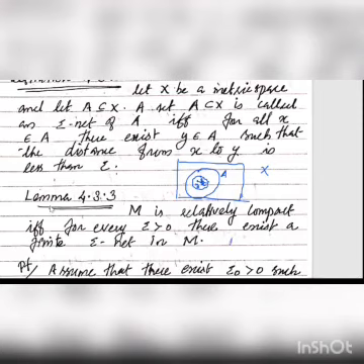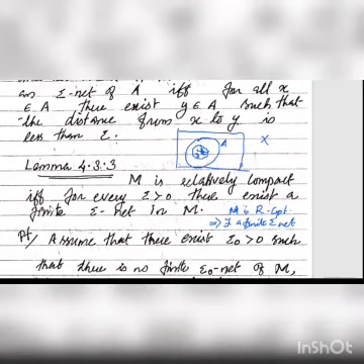We want to prove that if M is relatively compact, then for every epsilon there exists a finite epsilon net, and reversely, that if there exists a finite epsilon net, then M is relatively compact.